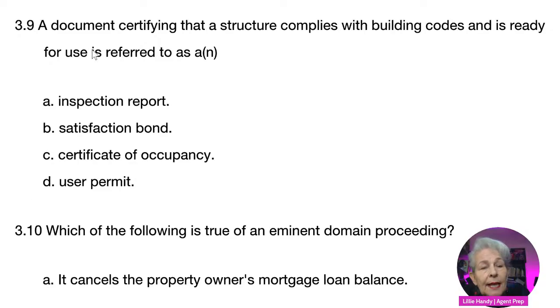Okay, so it says a document certifying that a structure, so something that was built, complies with current building codes and is ready to be used. What do you think that is? So something new that was built, never been used, now it meets all the building codes after all the inspections, and it's ready to be occupied.